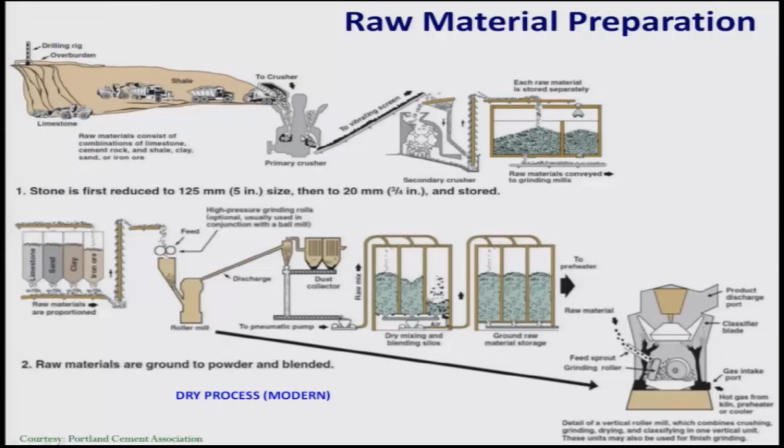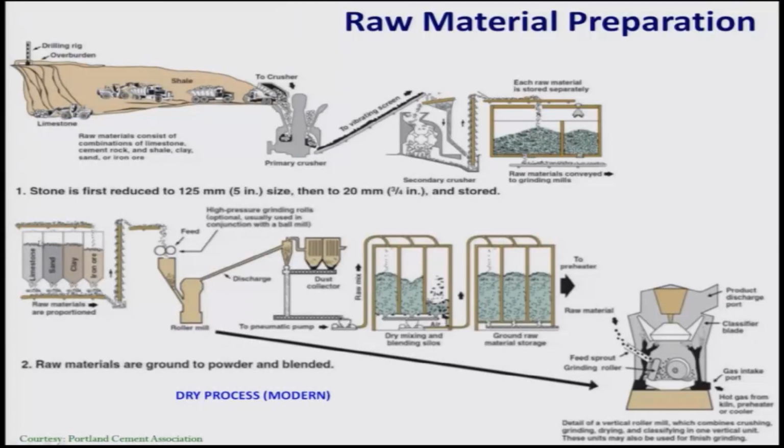The primary crusher reduces the bigger particles to smaller particles, and finally it will take it to a secondary crusher for further reduction of particle size, and again the secondary crusher reduces to about 20 mm size, and the entire material is stored.